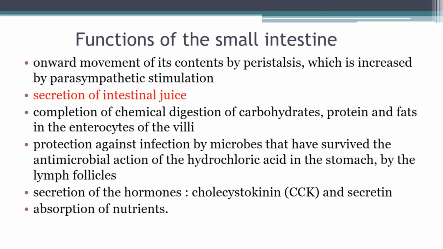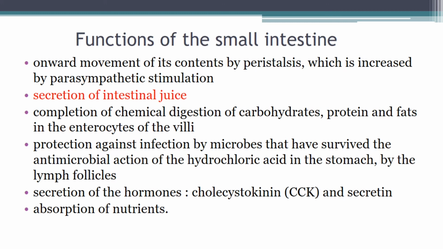Now we'll see the functions of the small intestine. Onward movement of its contents by peristalsis, which is increased by parasympathetic stimulation. Due to the parasympathetic stimulation, the peristaltic movement occurs. The secretion of the intestinal juice, then the completion of the chemical digestion of carbohydrate, protein and fat in the enterocytes of the villi.